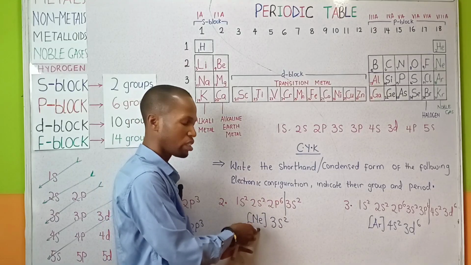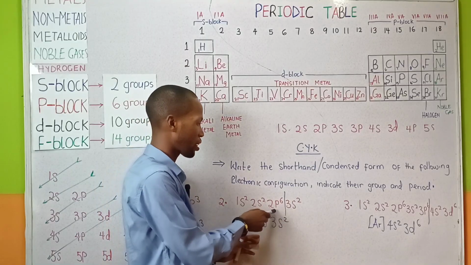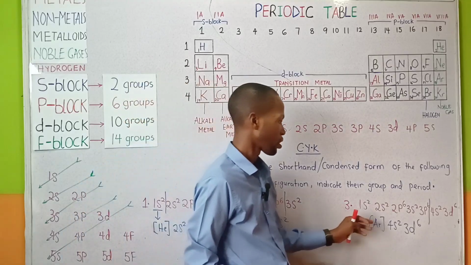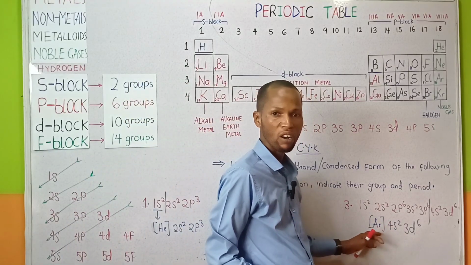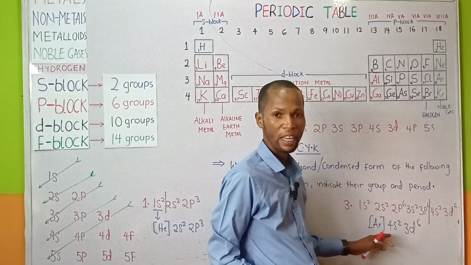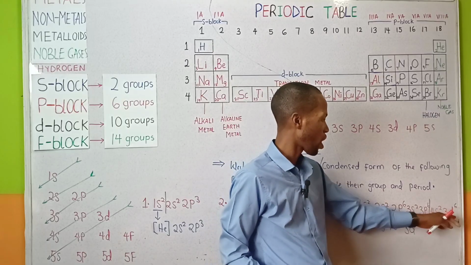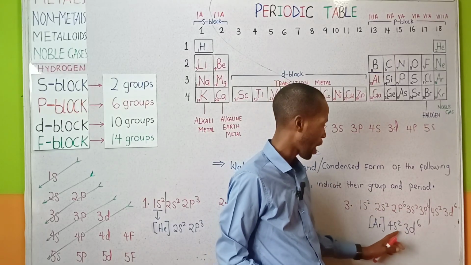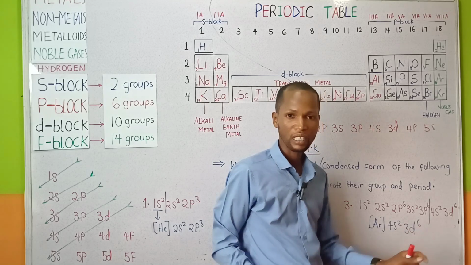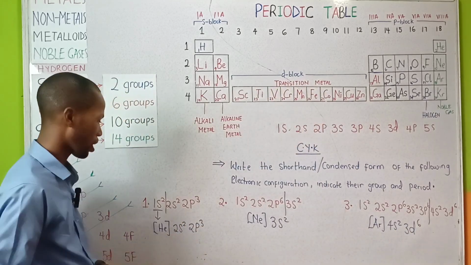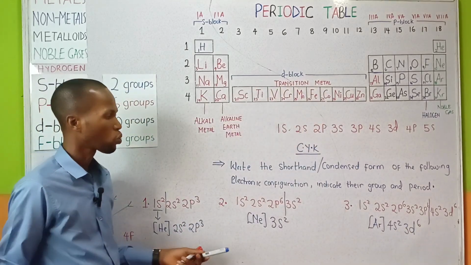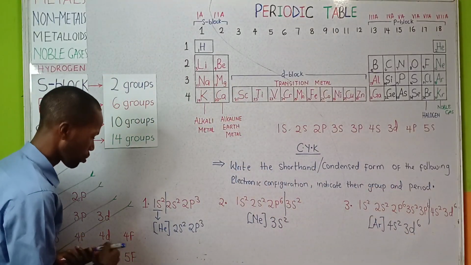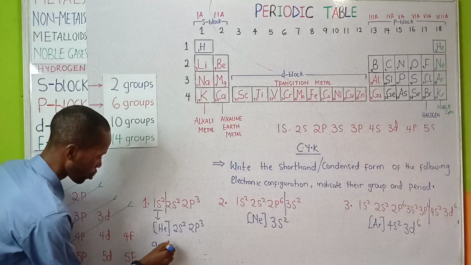Here it contained neon, 10 electrons. So 10 from 12, we are left with 2, 3s2. Here it contains argon with atomic number 18. So 18 from 26, we are left with 8. So we have 4s2, 3d6. Here, to which group and period does the element belong to? Let's take the group. Here we are having group.